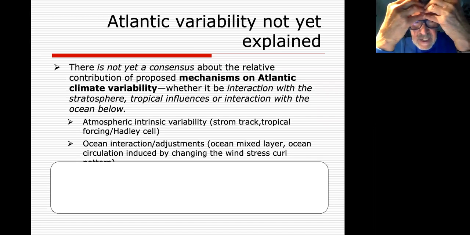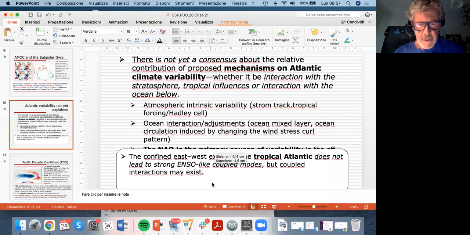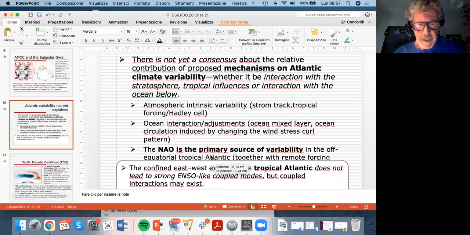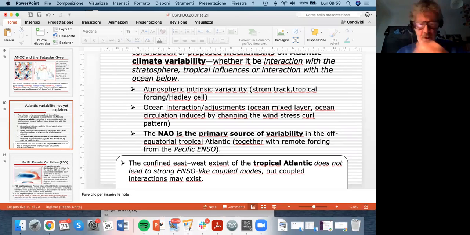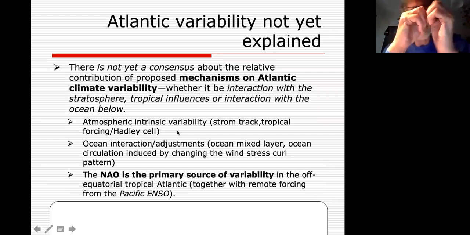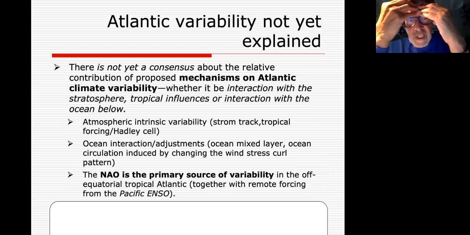But there is not yet a consensus on what are the relative contributions of the different proposed mechanisms to Atlantic climate variability.